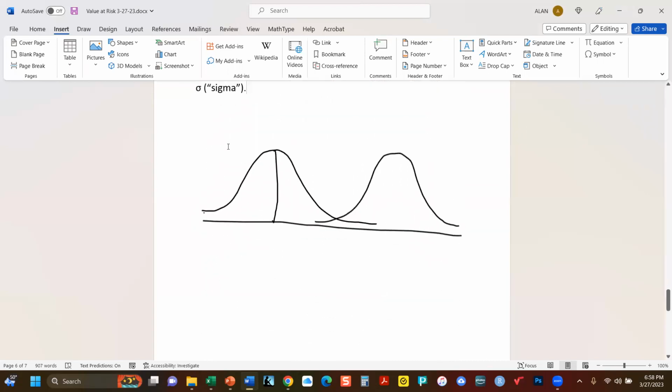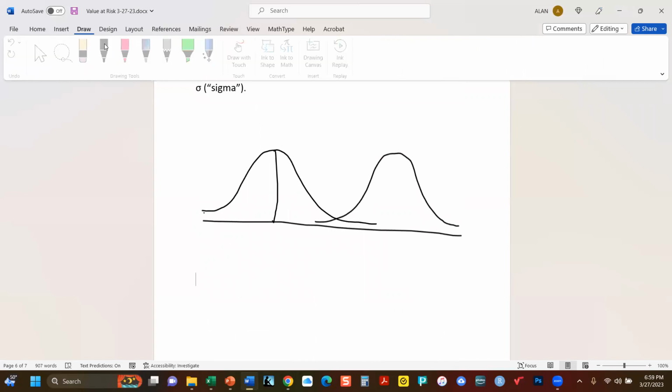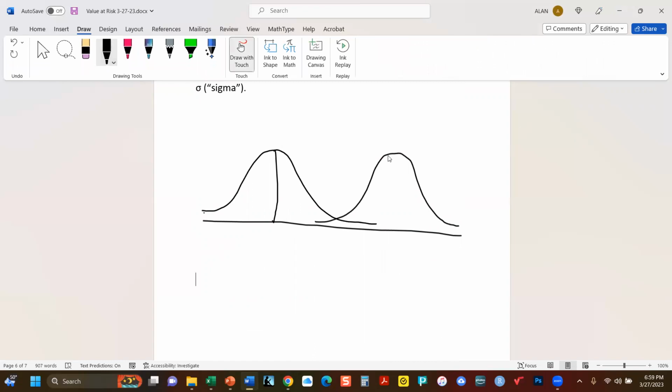Okay, so let's just say that here the mean is 0, and here it's 5. But the standard deviation is the same in both cases.